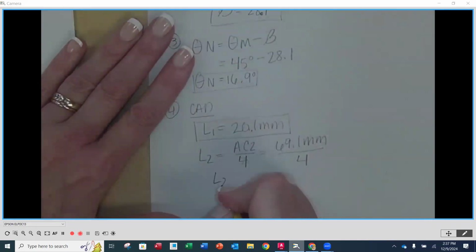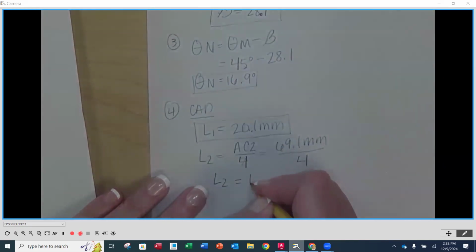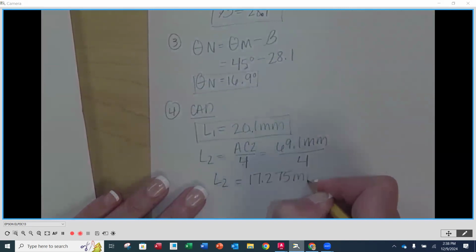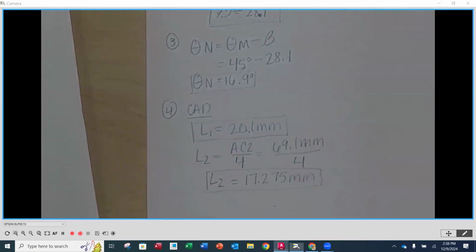So my L2, what do we get? 17.275. That sounds good. 17.275 millimeters. Now we're going to use this, and we're going to go back to AutoCAD.